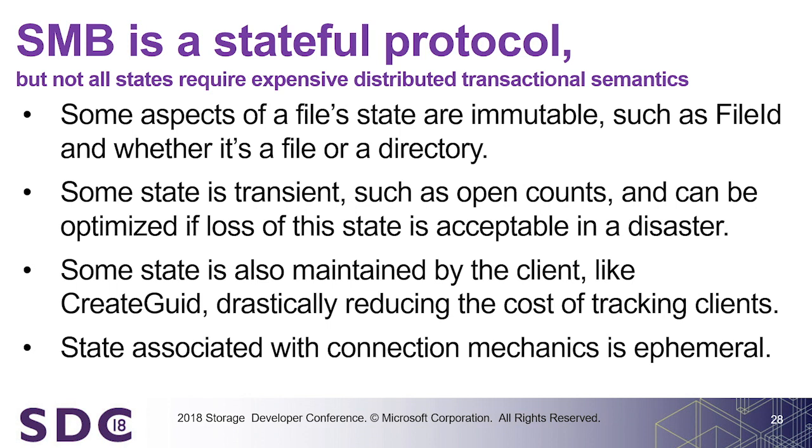Actually, earthquake maybe, but some of this state, which would be very expensive to synchronously replicate, like open counts, we don't do. So all the file data is replicated, and there's even a delay in that. But that's a trade-off for something which should really almost never happen. But if it did happen, you don't want a whole disaster of losing all of your data. If a data center was taken out by an earthquake or a tsunami or something, the fact that you have to reopen your handles is not that big of a deal.